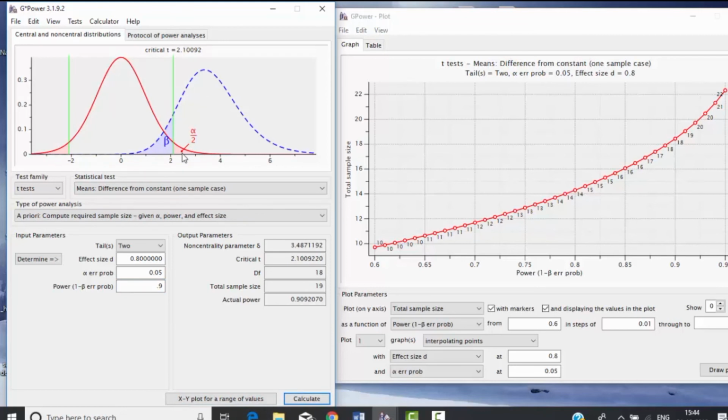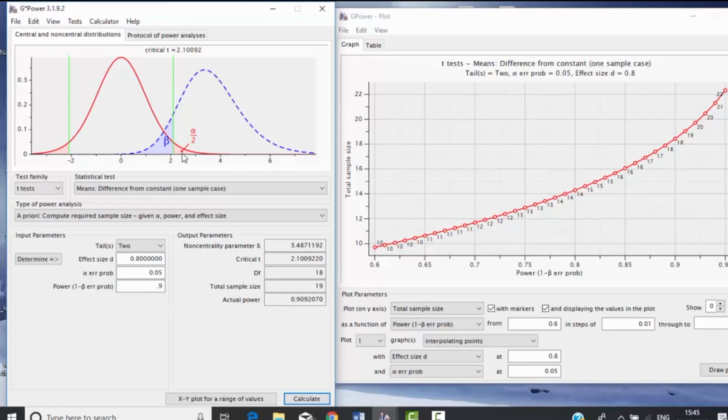Therefore, by appropriately choosing different values, you will be able to have a sample size given alpha, power, and effect size.